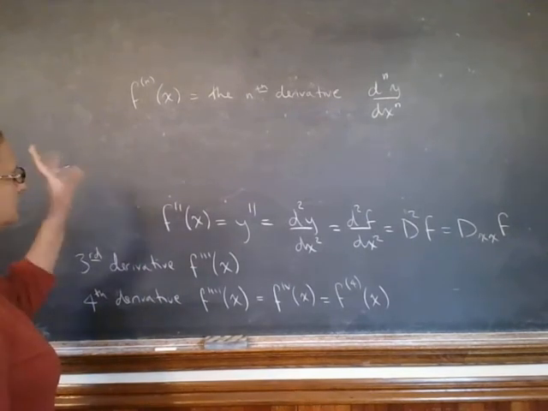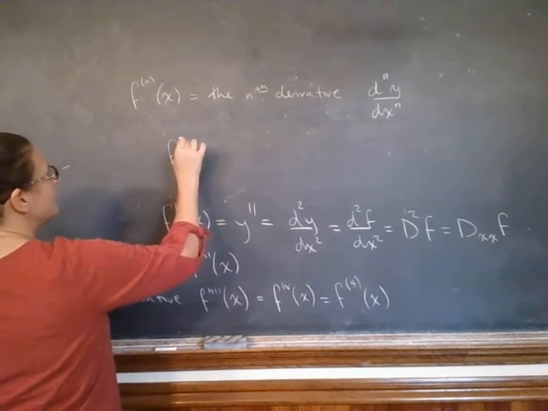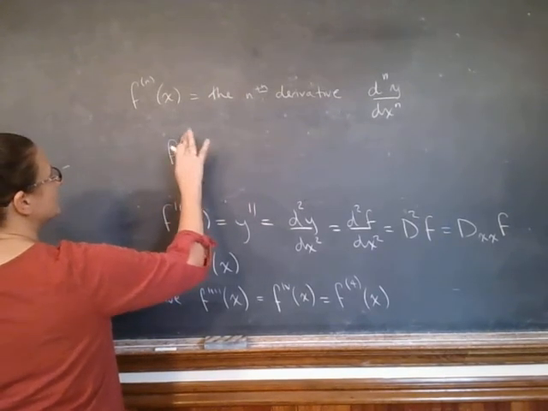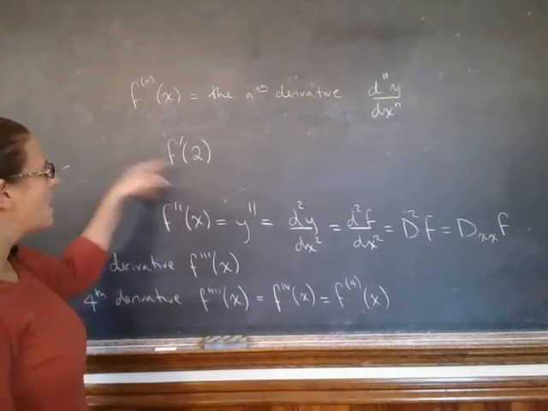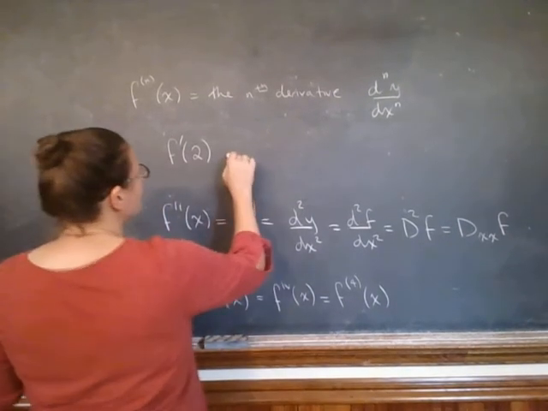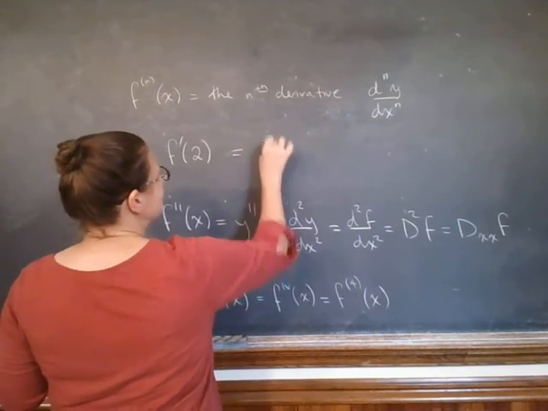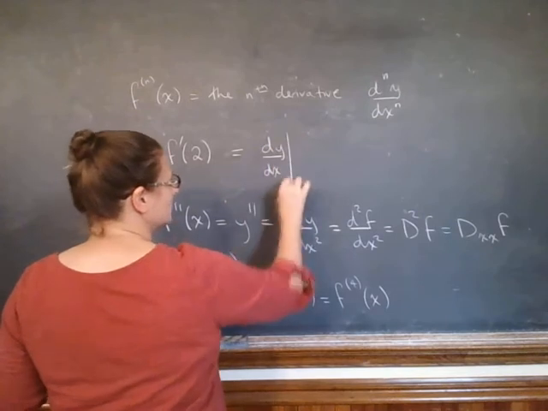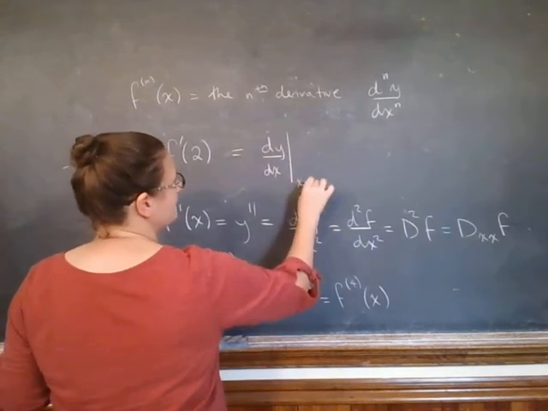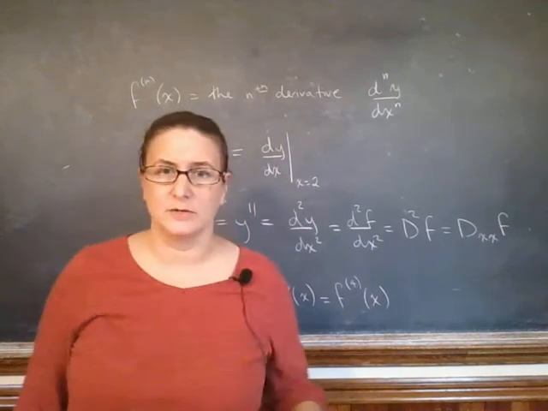For the Leibniz notation, right? So if I have ordinary f of x, or f prime of x, if I want to do f prime at x equals 2, I'll put it there. So with the Leibniz notation, there's no place to stick in the 2. So you would do a bar and you would read it as dy dx evaluated at x equals 2.